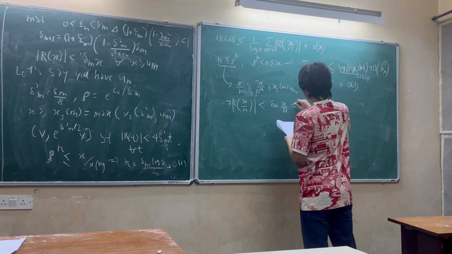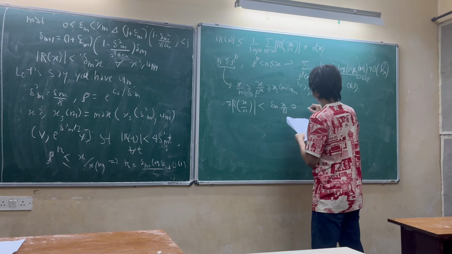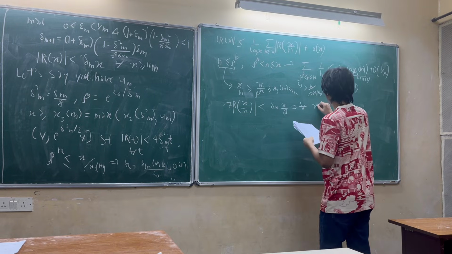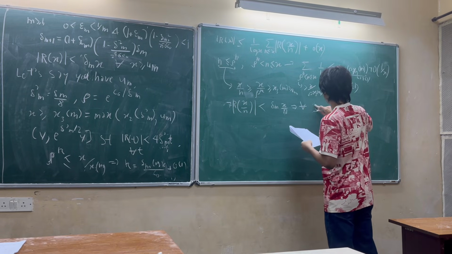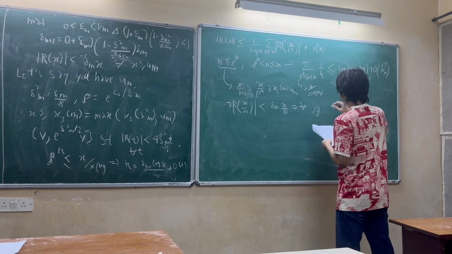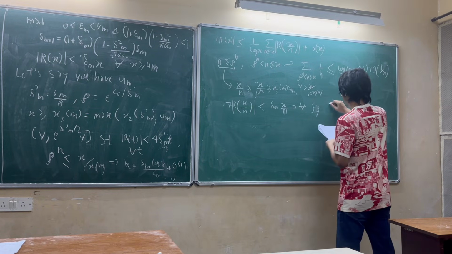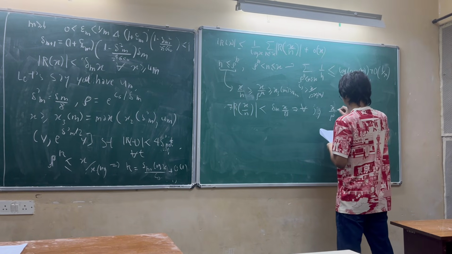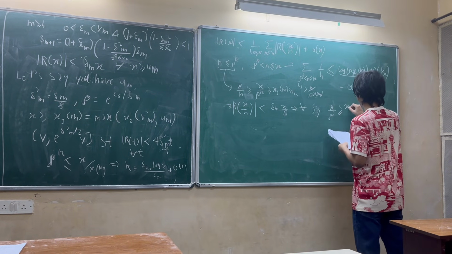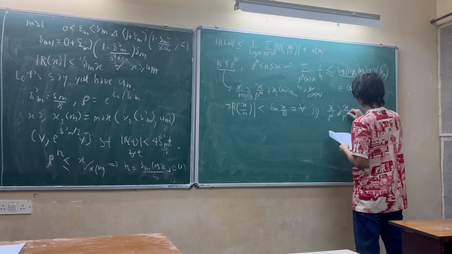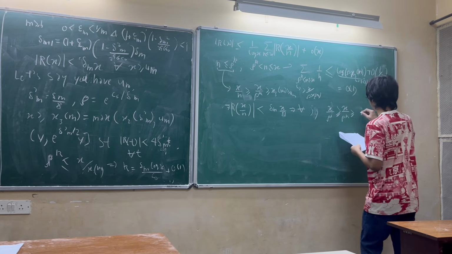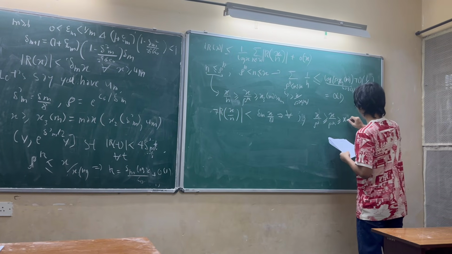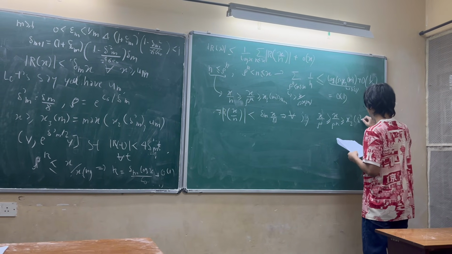So this implies that for any interval, for all x, for all j where j goes from 1 to k, you have x by rho to the power j and x by rho to the power k, which is in turn greater than or equal to x2 delta dash m.